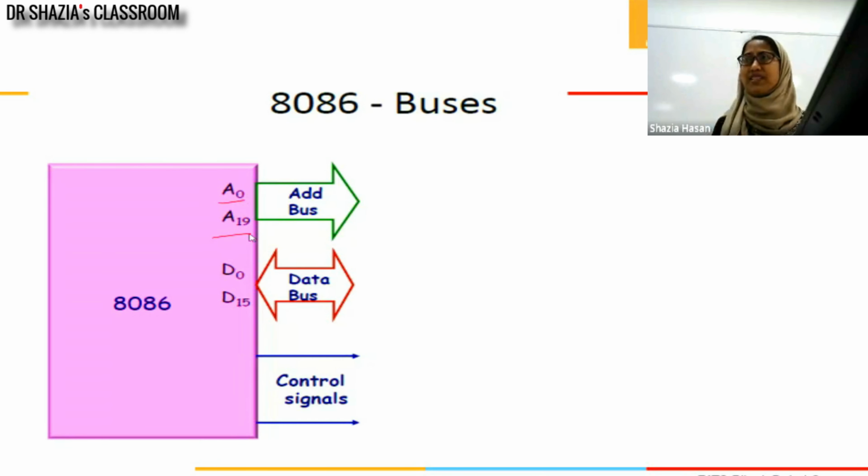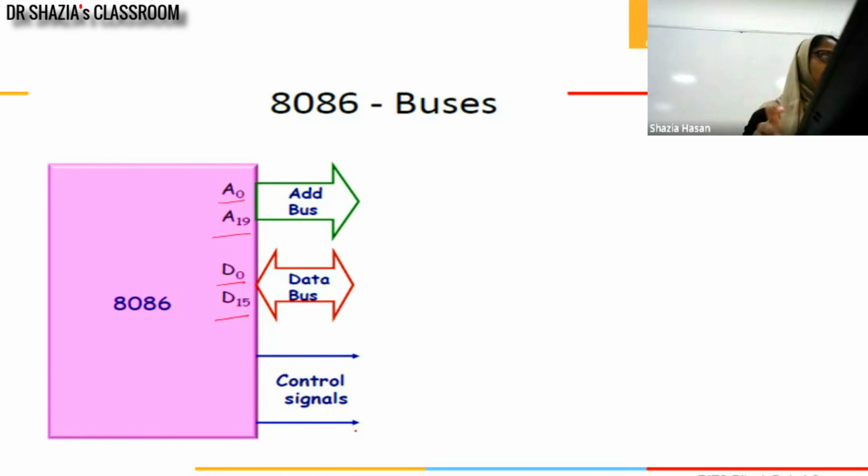A 16-bit data bus means it is capable of transferring 16 bits of data in one clock cycle. It can transfer 16 bits of data from the microprocessor to the IO devices or to the memory, or receive 16 bits of data from memory or IO devices to the processor. So the data bus is 16-bit, named D0 to D15, and some control signals.